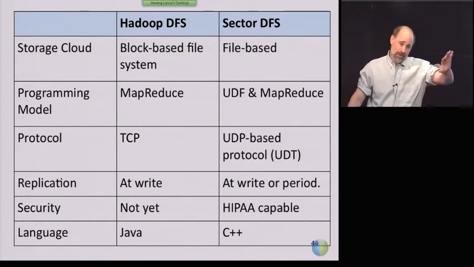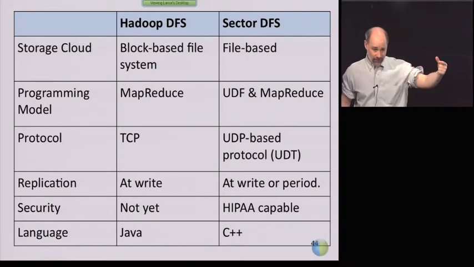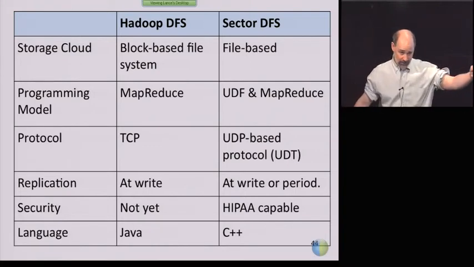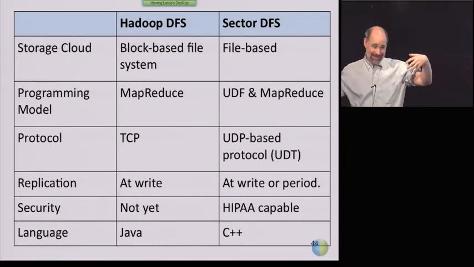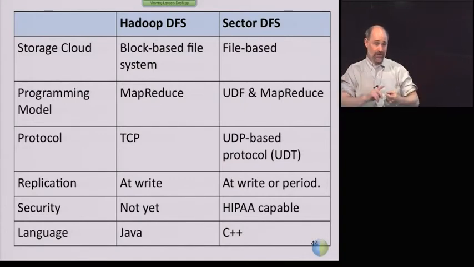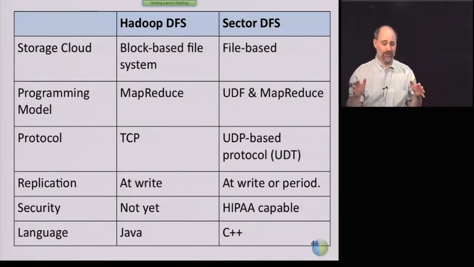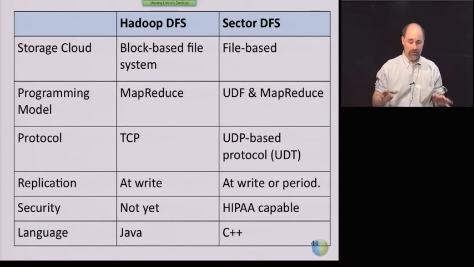At 50,000 feet, it's similar to the Google Hadoop stack. Main differences: it uses a different non-TCP protocol so that it can scale to distributed data centers and be a lot faster. And number 2, it allows you to think that your basic unit is the user-defined function, and I can code that up over a data center.